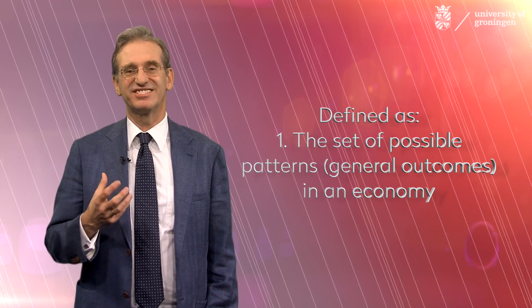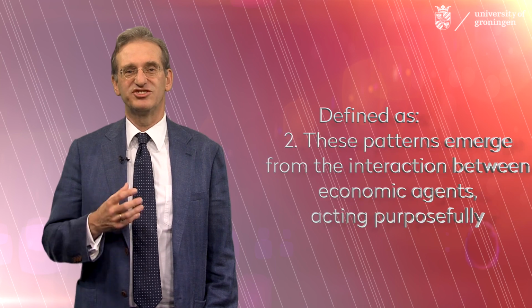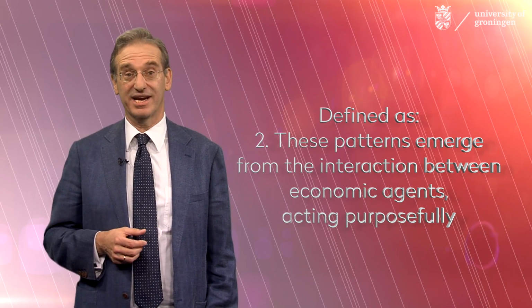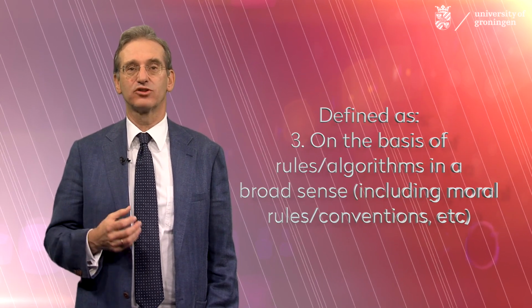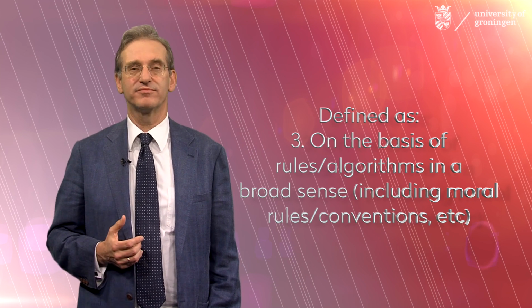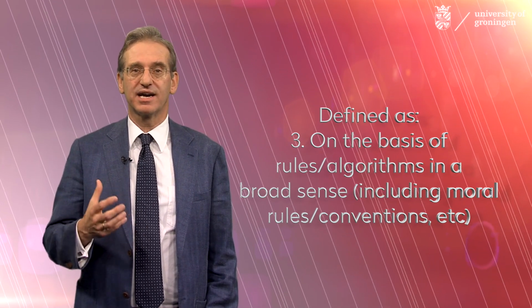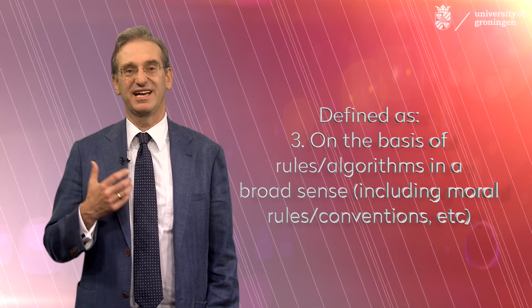And a pattern is a general outcome. These patterns, these general outcomes, emerge from the interaction between economic agents, acting purposefully. And they act on the basis of rules, algorithms, in a broad sense. And with a broad sense, I mean that they include moral rules, conventions, institutions, etc.